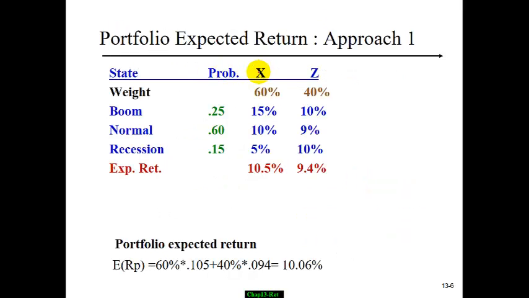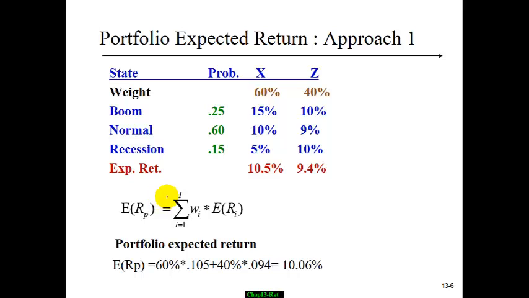So you have a portfolio made of stock X and Z. We know the performance of stock X and Z under three economies. And we decided to put 60% of money into stock X, 40% of our money into stock Z. Suppose we already calculated the expected return for individual stock X and Z as 10.5 and 9.4.